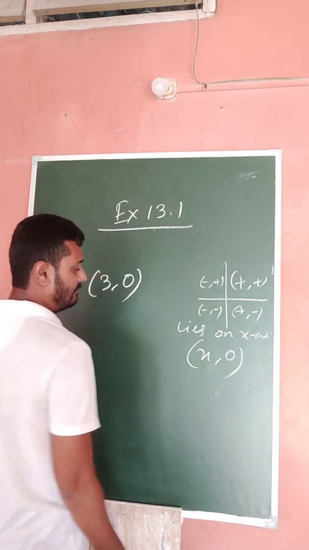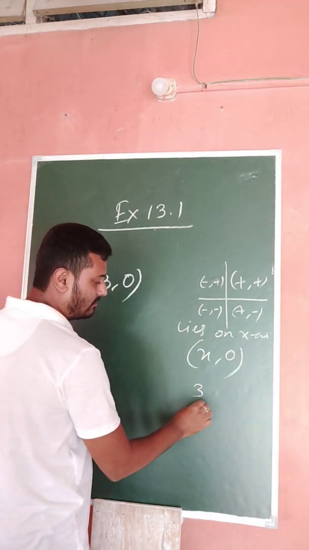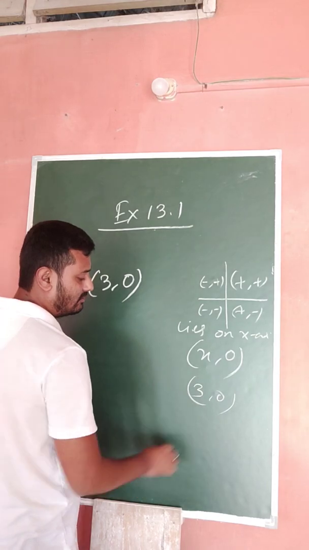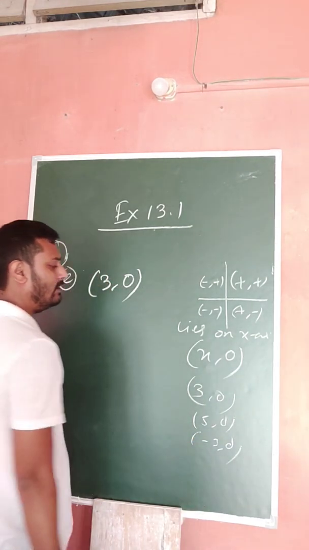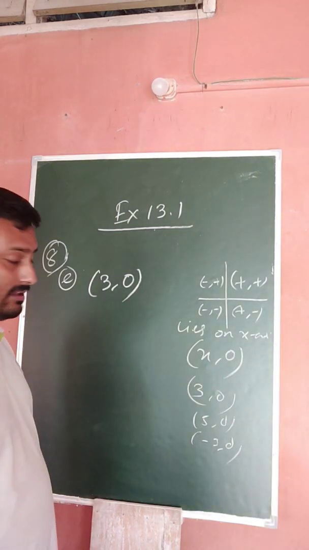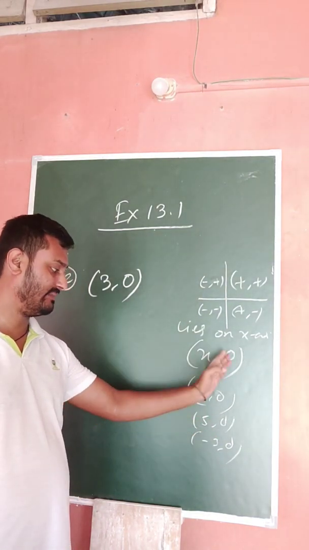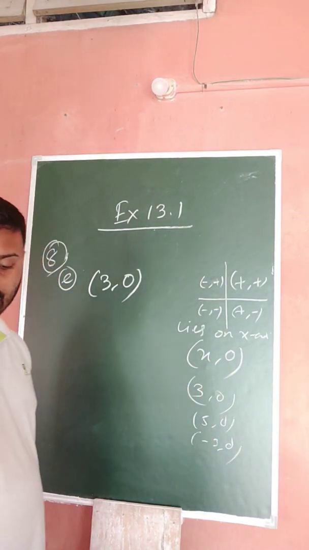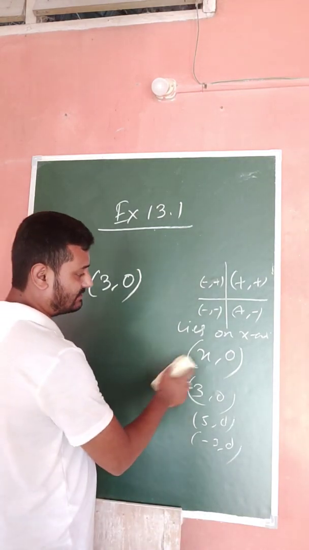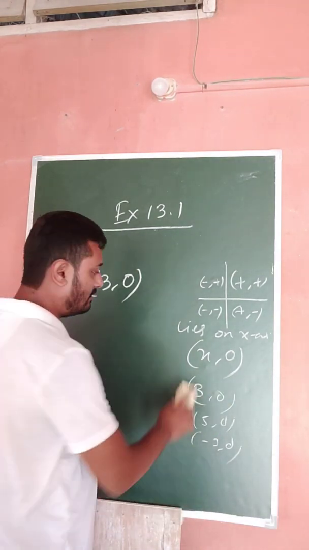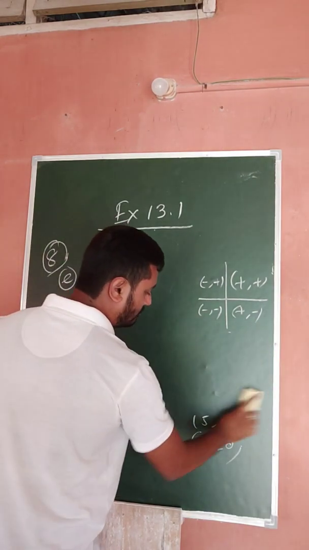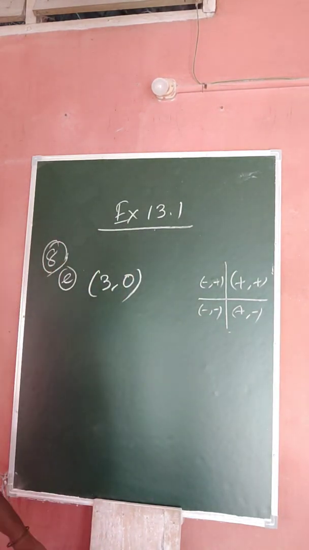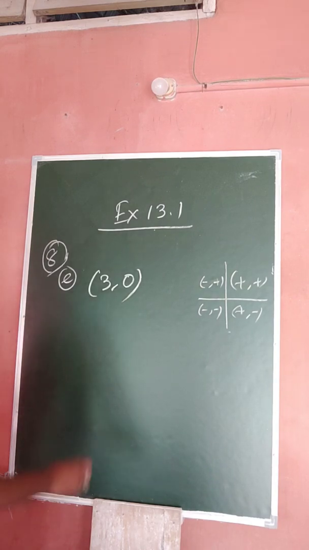If you take x as 3, y is 0, then it becomes 3, 0, or 5, 0, or -3, 0. You can take any value of x, but y always remains 0. So in this case, the point lies on the x-axis.